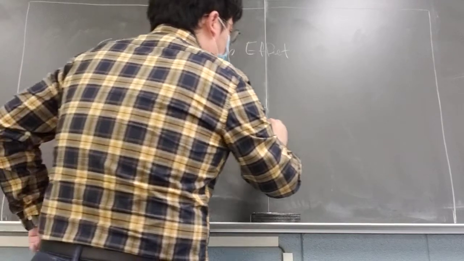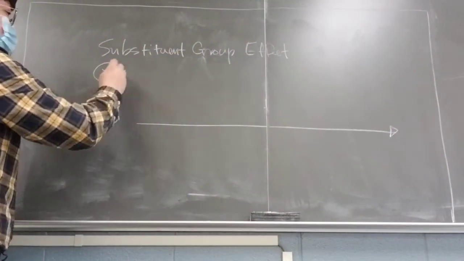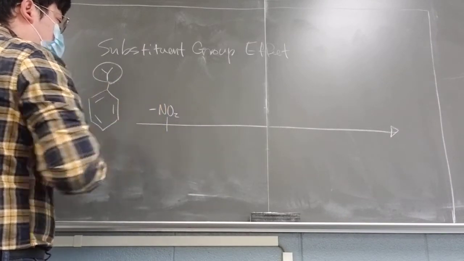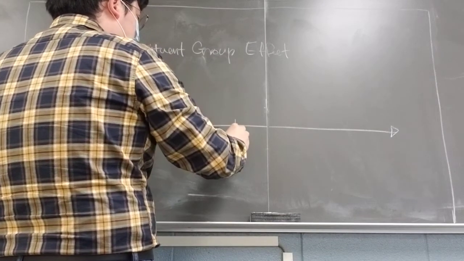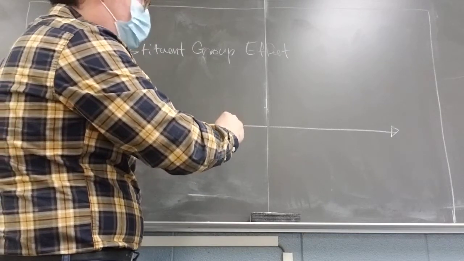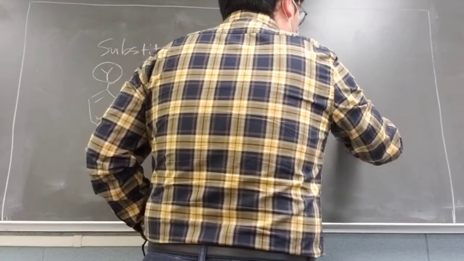So if you have, maybe this is the Y group here. So if we had the Y group as NO2, okay, and then we have groups such as Cl, well, halogen, or hydrogen, and then you have over here.